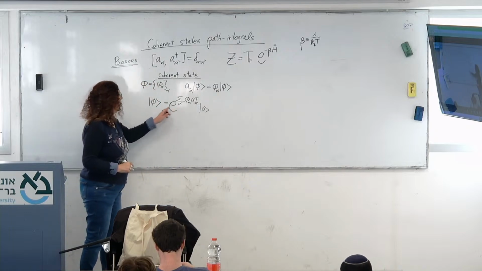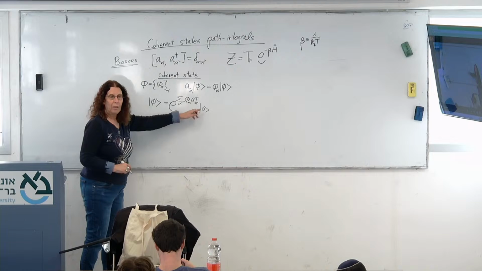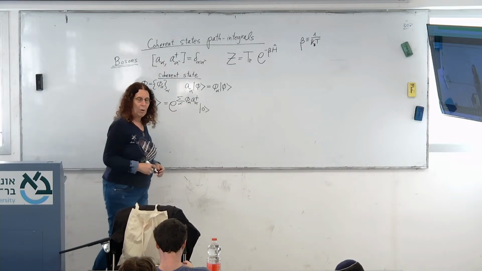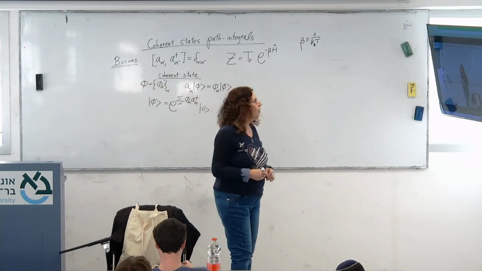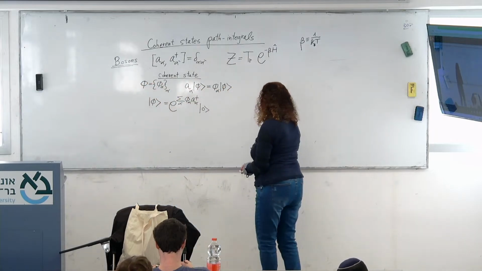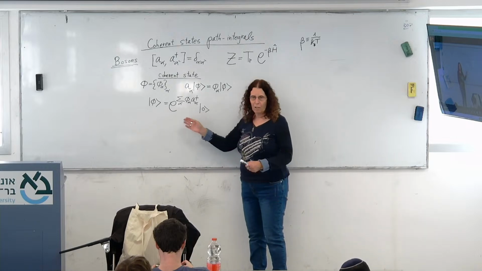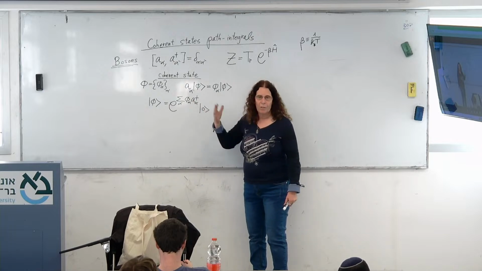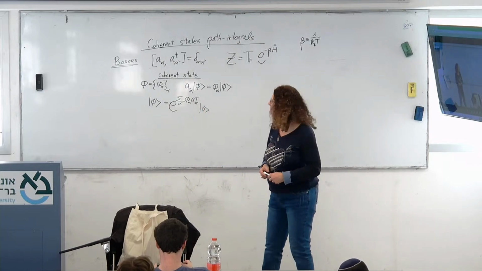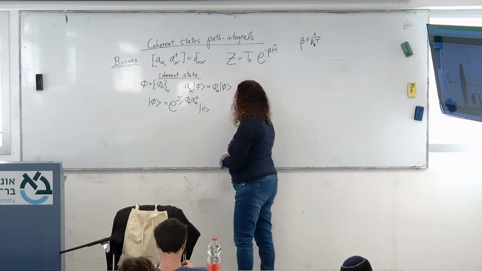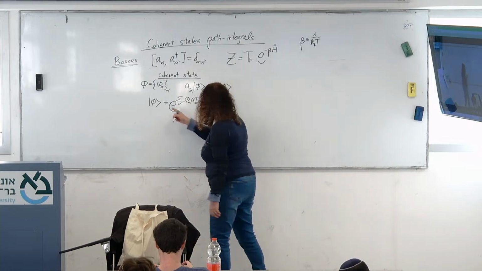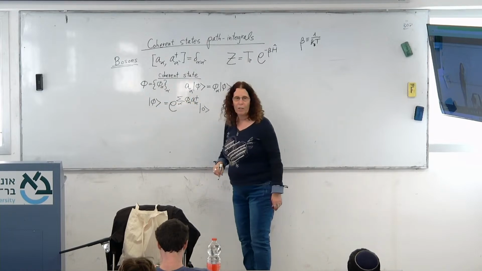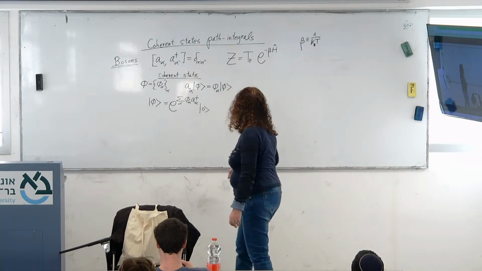And we know that an exponential of an operator is just what you get if you expand it to an infinite series. So by definition, you can see that this is going to give you an infinite superposition of Fock states with different number of particles of each flavor. Okay, so you can just directly, by applying A alpha on this, prove that it's an eigenstate.